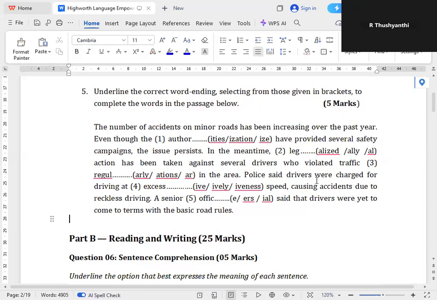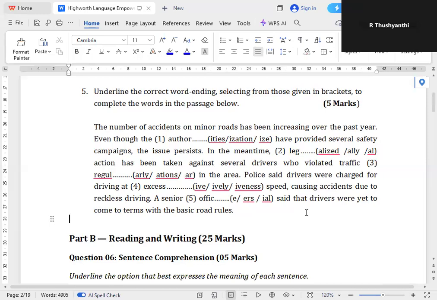Police said drivers were charged for driving at excessive speed. Excessive speed means exceeding the speed limit, causing accidents due to reckless driving. A senior official, number 5, said that drivers were yet to come to terms with the basic road rules.